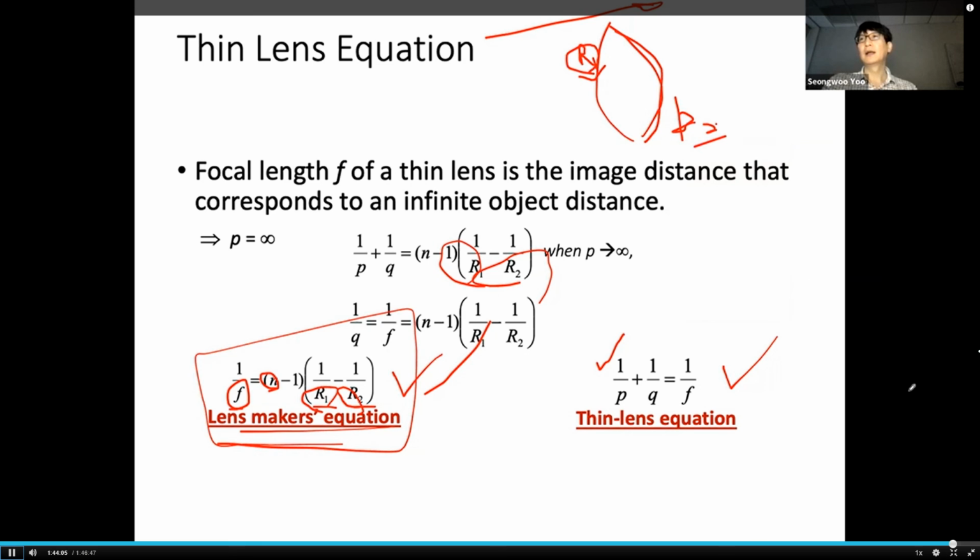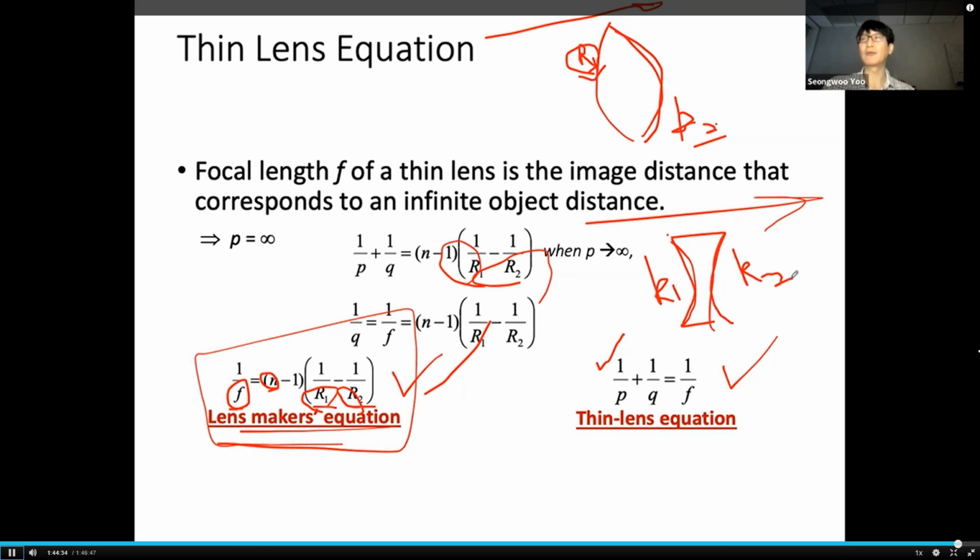Okay, and then this is a diverging lens, isn't it? So this is a diverging lens. And again, we just follow the sign convention. The light travels in this direction, which means the light first interacts with this surface with R1, followed by the second surface with R2.